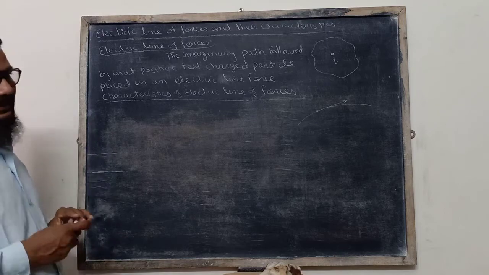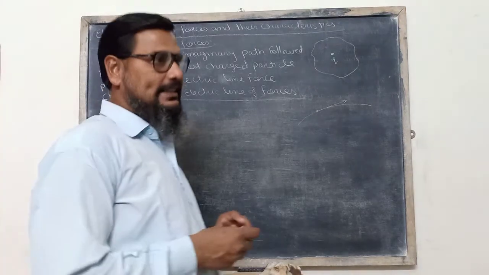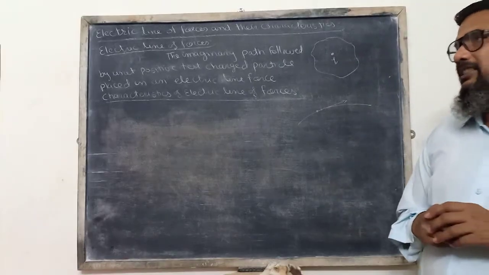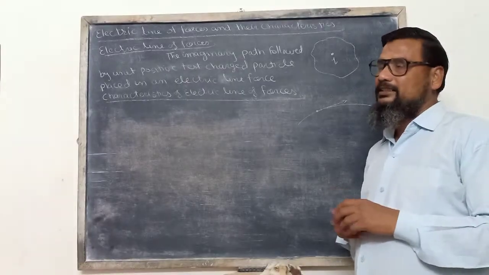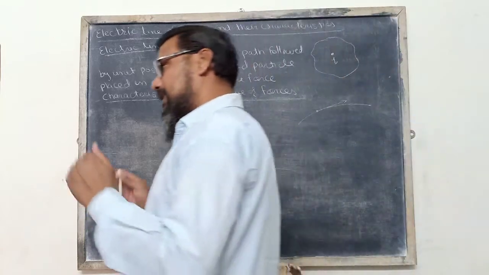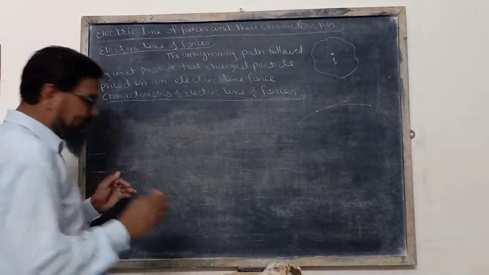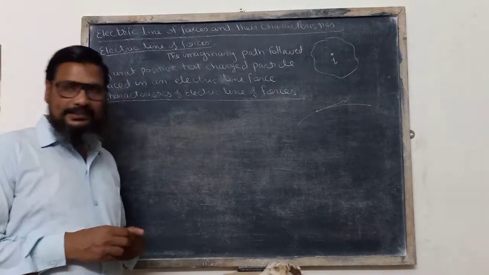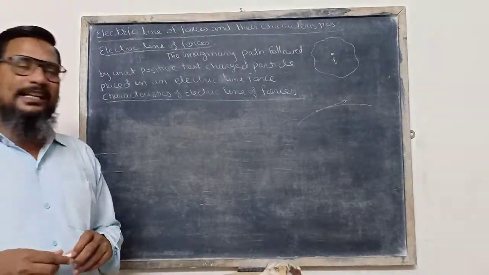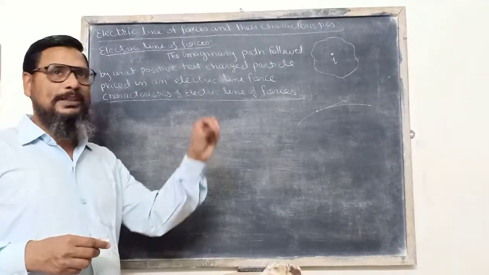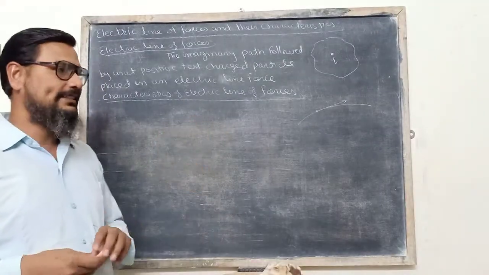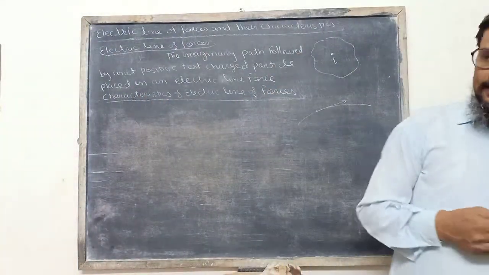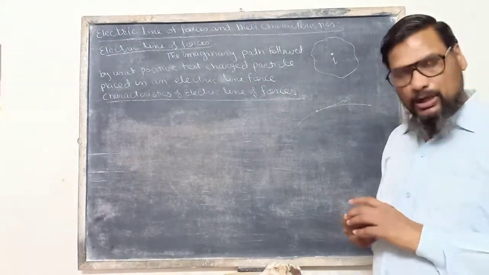The second characteristic is, greater is the density of electric line of forces, greater will be electric field intensity. If in a certain region the density of electric line of forces is greater, then electric field intensity will also be greater, and if the density is smaller, then electric field at that region will also be smaller.